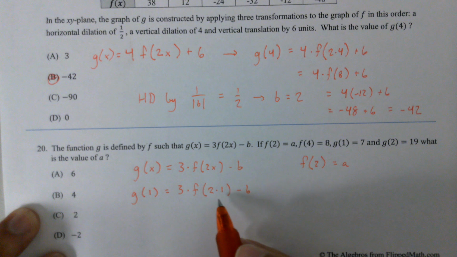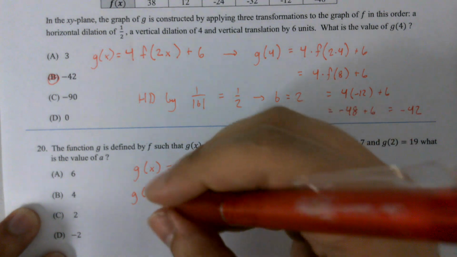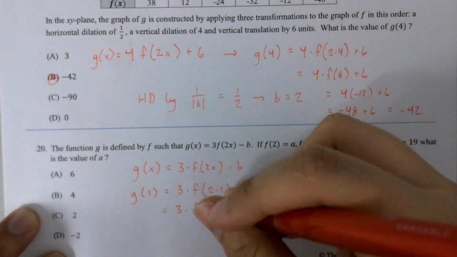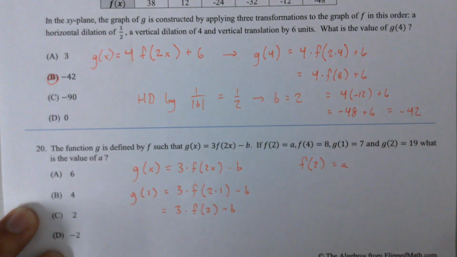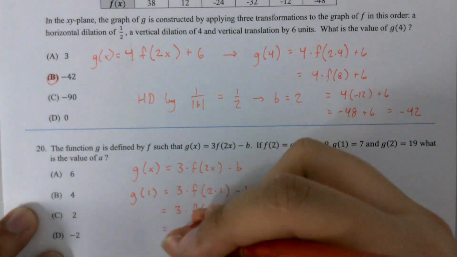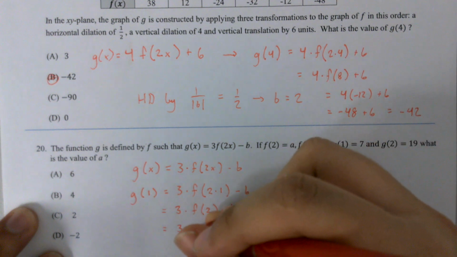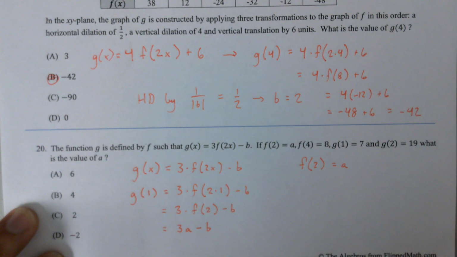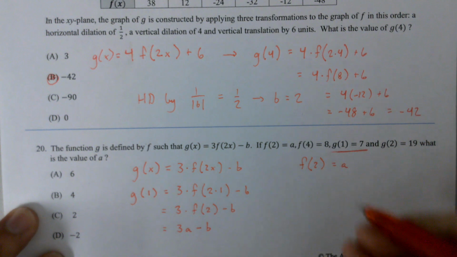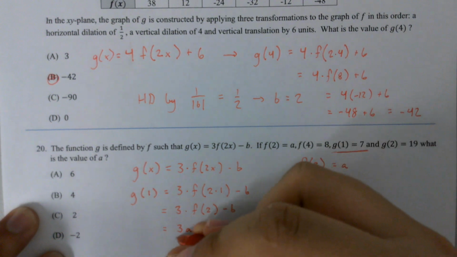So f of 2 times 1, that's just going to be f of 2 minus b. If we know that f of 2 is equal to a, then we have that g of 1 is equal to 3 times a minus b. And we can't really do much else with that. We have that g of 1 is equal to 3a minus b. But we're given that g of 1 is also equal to 7. So this is important.